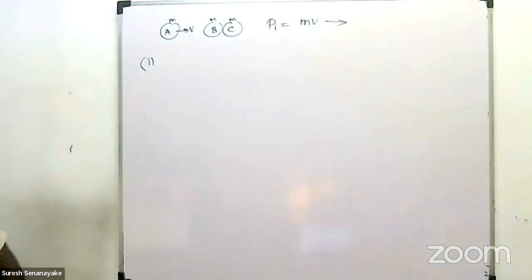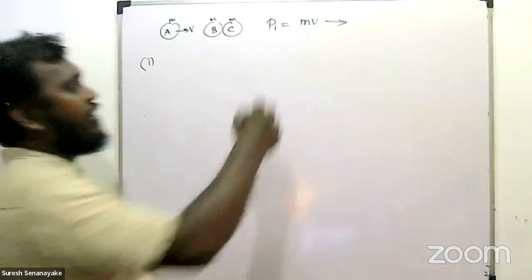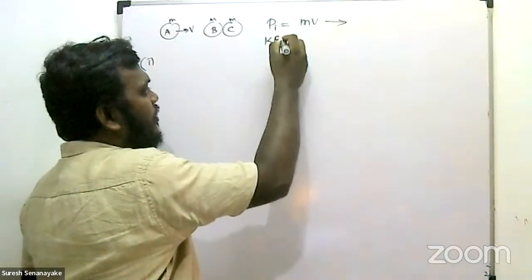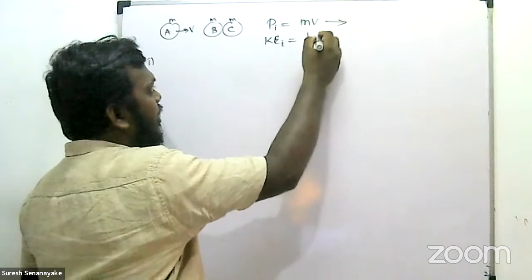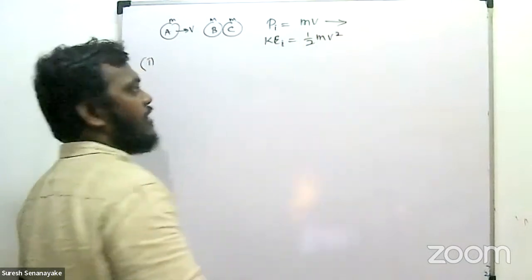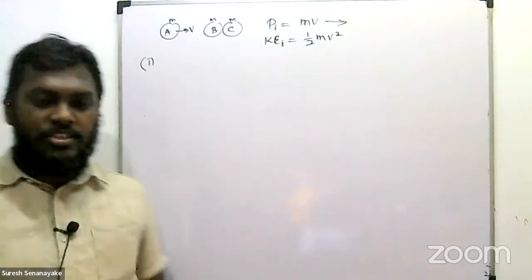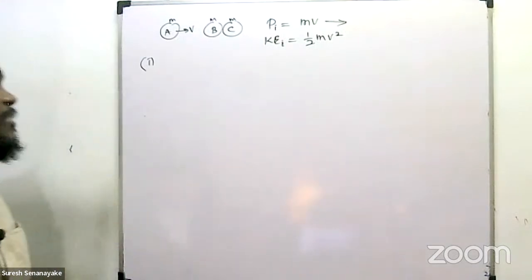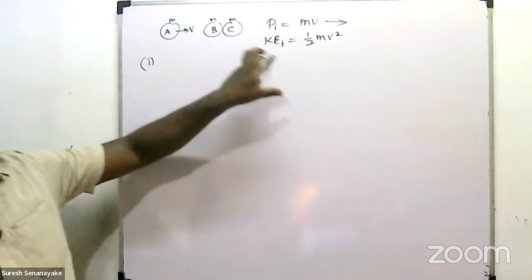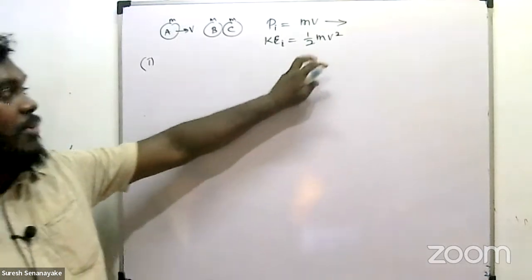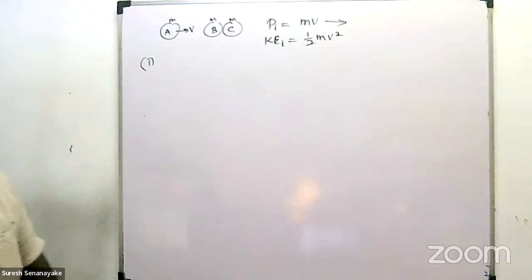The momentum is mv, and the kinetic energy before the collision is half mv square. Now we need to check if it is an elastic collision. The kinetic energy should remain constant, which means the same kinetic energy is obtained after the collision, and momentum also should be conserved.